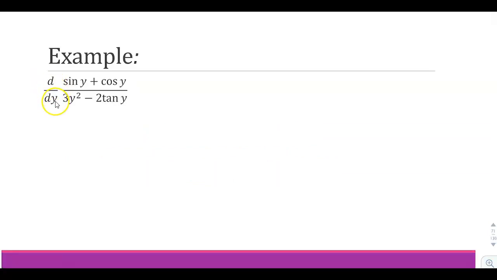Here, take the derivative with respect to y of sine y plus cosine y all over 3y squared minus 2 tangent y. So we apply the quotient rule. We have low d high, so 3y squared minus 2 tangent y times the derivative of the numerator. So derivative of sine is cosine y. Derivative of cosine is negative sine y.